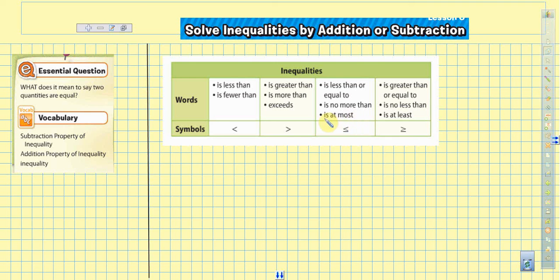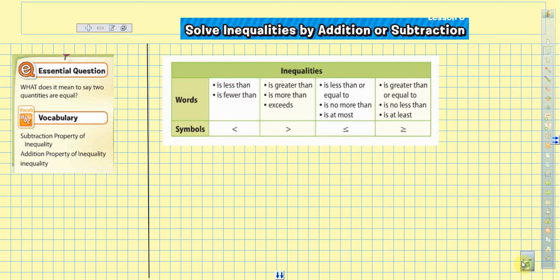And there are some other words in here: is at most, is at least. This is a great chart to use when you have a word problem, because they're going to use these words in the word problem, and what they're talking about is these individual symbols. So if it says is fewer than, they're talking about this symbol here. Is more than, exceeds, they're talking about this symbol here.